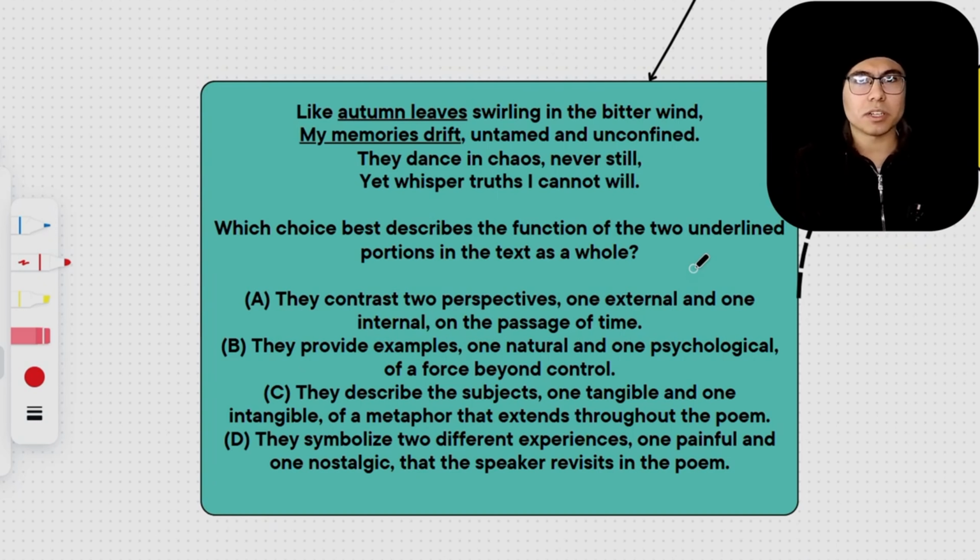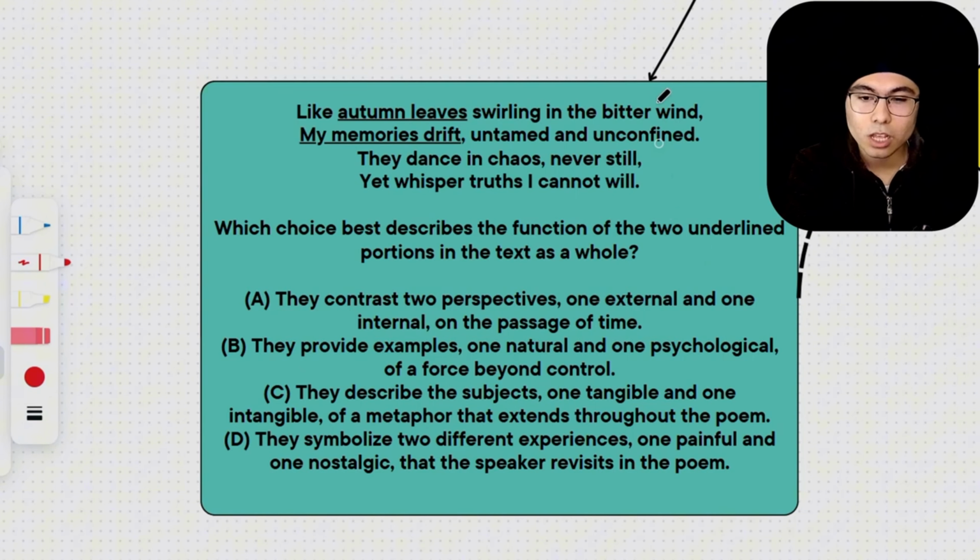It's like a story, right? We've got a windy autumn day, and there are leaves swirling all over the place. That means they have no control. They just move wherever the wind pushes them.